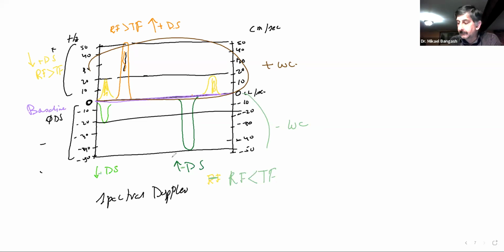Did you guys get that? So what we made in this case is displayed along the y-axis on the spectral Doppler.